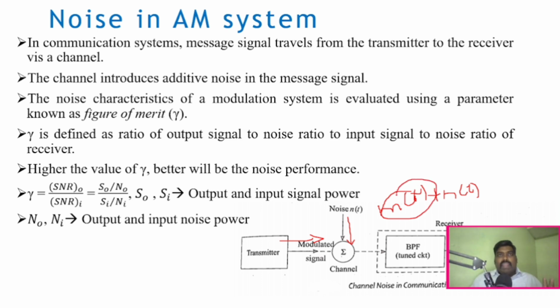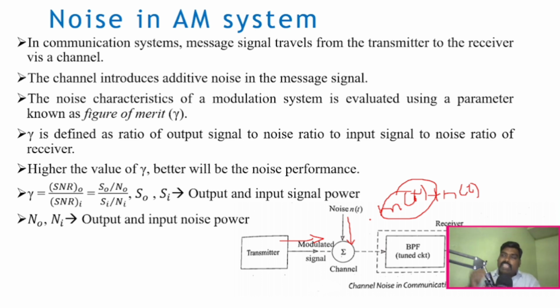That can be done by using band pass filters and detectors. On the receiving side, you have a band pass filter which will band limit the signal. Here it is going to be an SSB-SC signal, so it will allow only the SSB-SC frequency band, and there itself the noise will be band limited and become a narrow band noise.